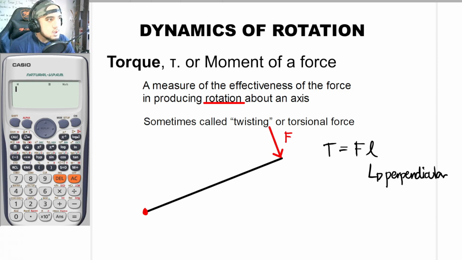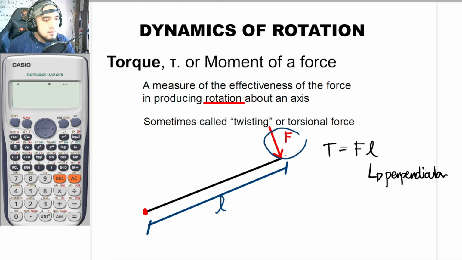As I said earlier, your force F is perpendicular to this stick, which means that your lever arm L is equal to this particular distance. So to get the torque present here, just multiply force and your lever arm.